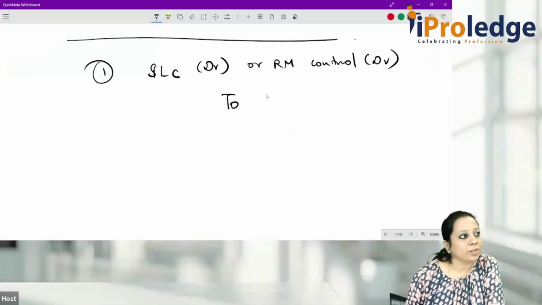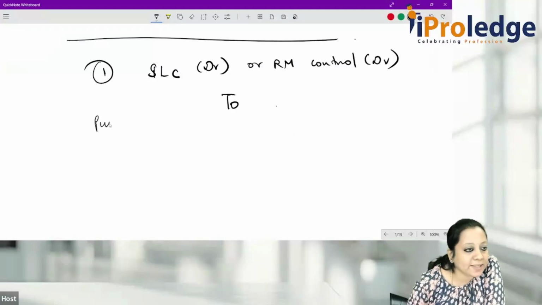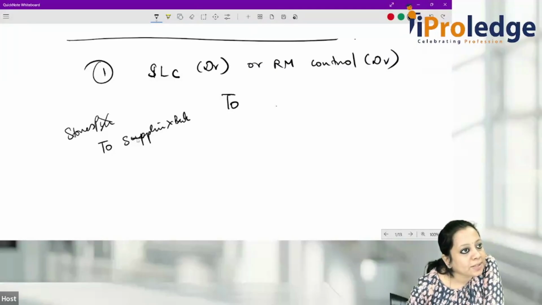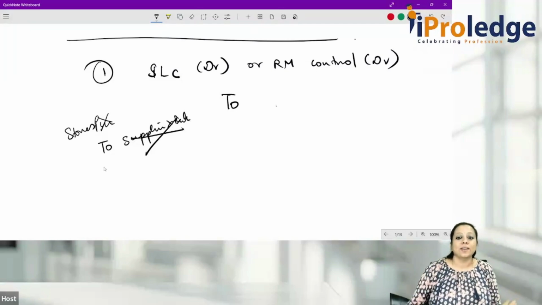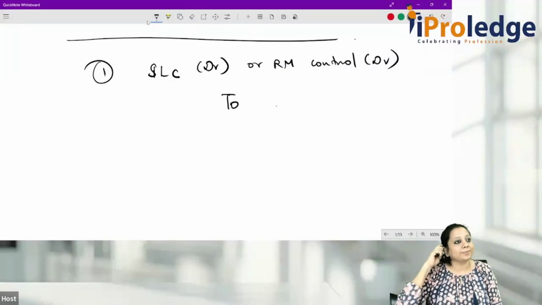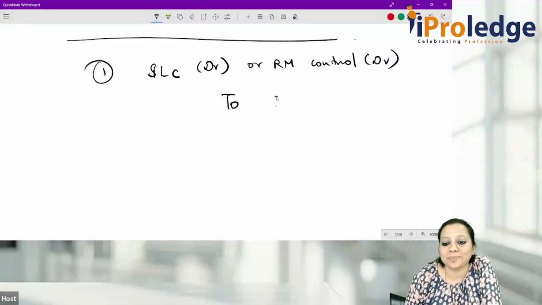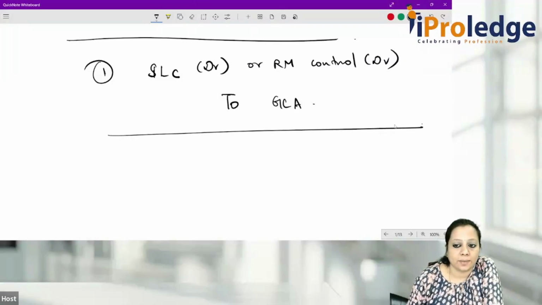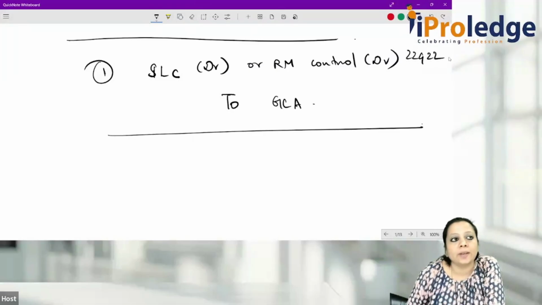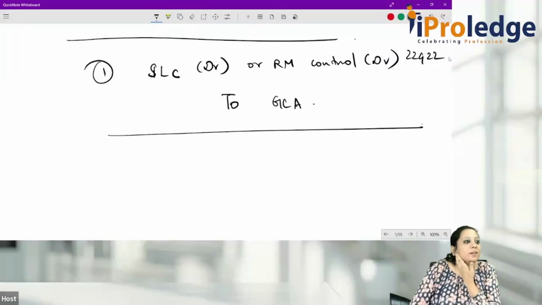See, when I'm purchasing, normally speaking, what will I debit? Purchases. Here, which is the receiving department? Stores. So I debited stores. Which one should I credit? Either supplier or bank. Can I do both in a non-integrated system? No, in non-integrated, I can't bring all this. So I should credit GLA. Correct? The amount is 22,422.